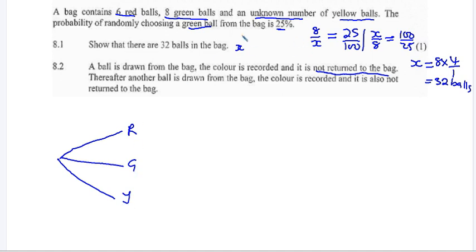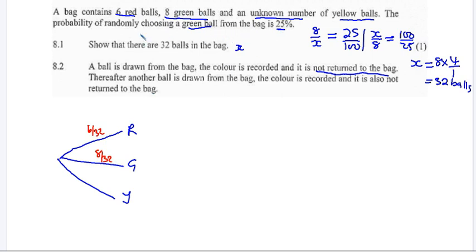And the probabilities, we have all of them. Remember, 32 balls. So the first one is 6 out of 32, and the second one is 8 out of 32.